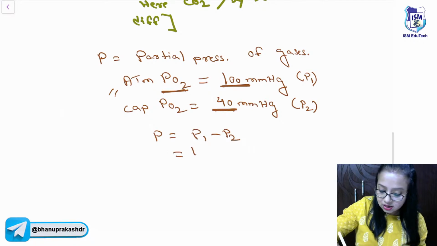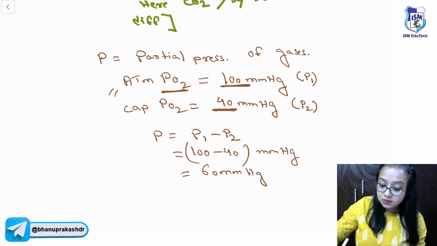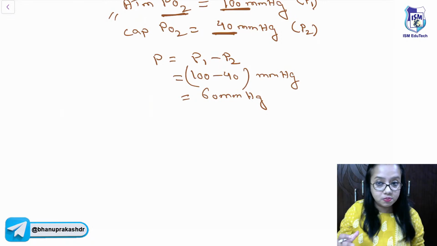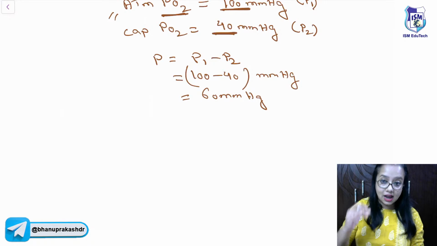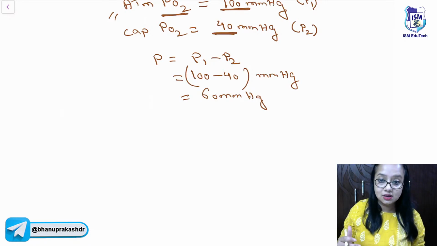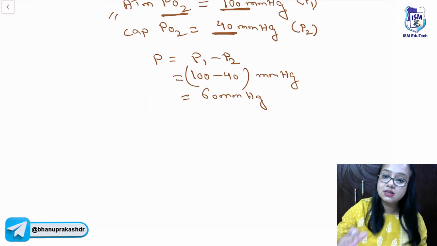Here 100 minus 40 is a difference of 60 mmHg. So the oxygen from the atmosphere, since it is high in partial pressure, has more capacity to diffuse easily because its concentration is much more than the concentration of oxygen in the capillary. So partial pressure plays an important role.